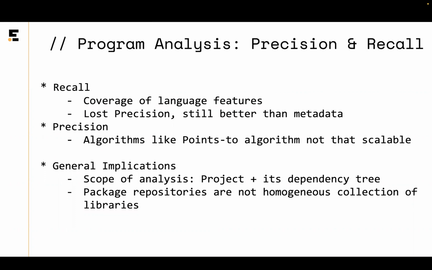We aim for as many language features as possible, and this comes before precision, because even if we might be over-approximating in the source code, it is still much better than just relying on metadata analysis.